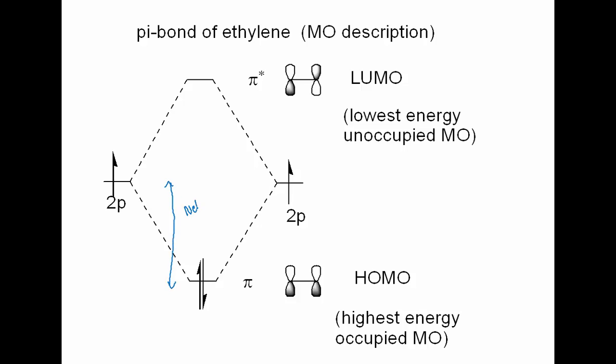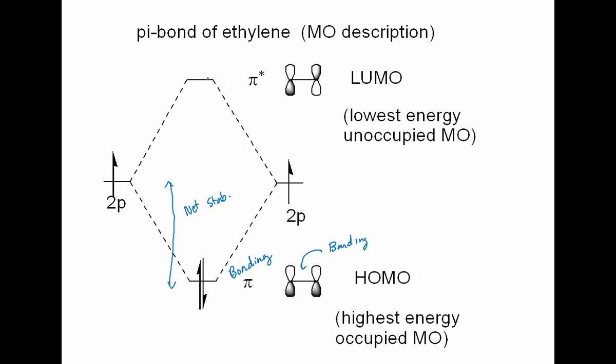This is our net stabilization. Okay, so what we see here is that we have a bonding MO. Okay, this is because we're combining like phases, and it's a bonding interaction.